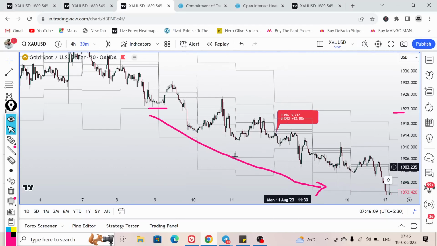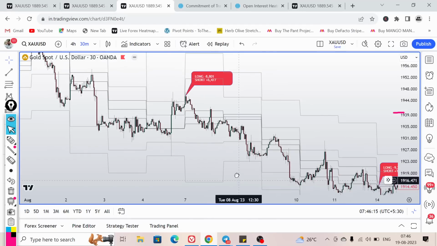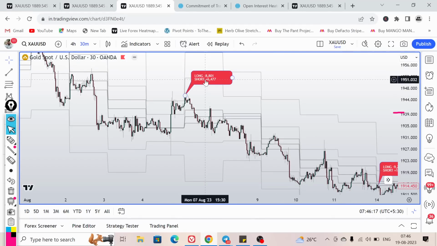Before that also, if we check the positions of the COT, the Commitment of Traders report, this one is the position from the 7th August, and we saw a good decline. That time also they decreased their net long positions and added a good number in the short.